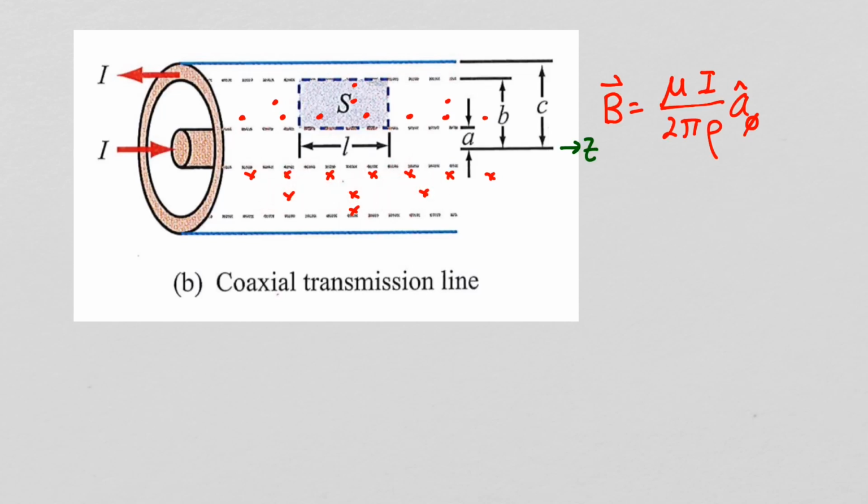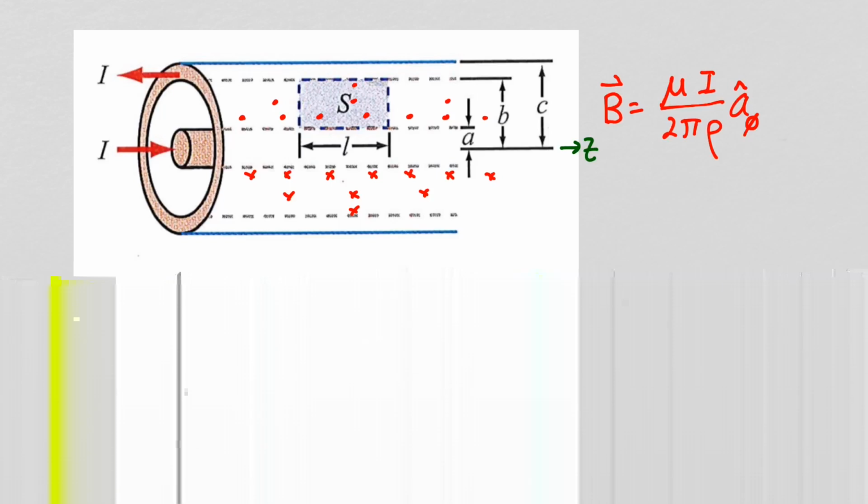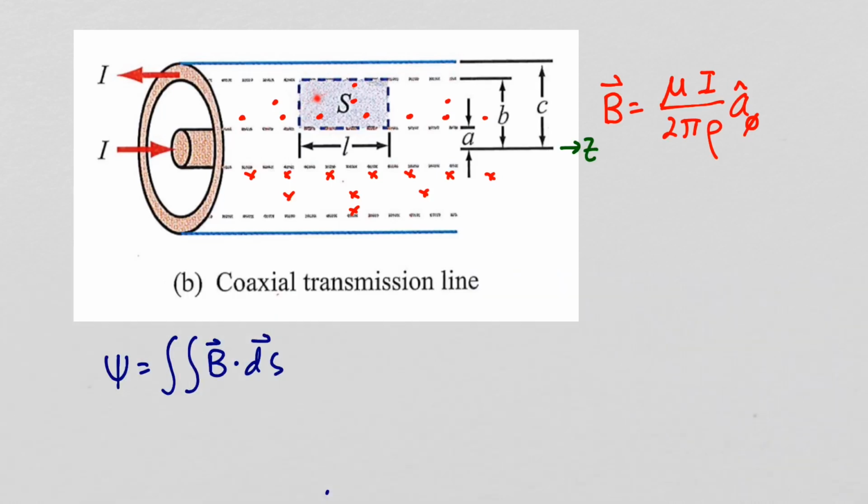We'll find the inductance of a segment of length L and divide by that length L to get the inductance per unit length. Since the flux coming out of the page above the center conductor is the same flux going into the page below the center conductor, we just have to find the flux through this surface S here.